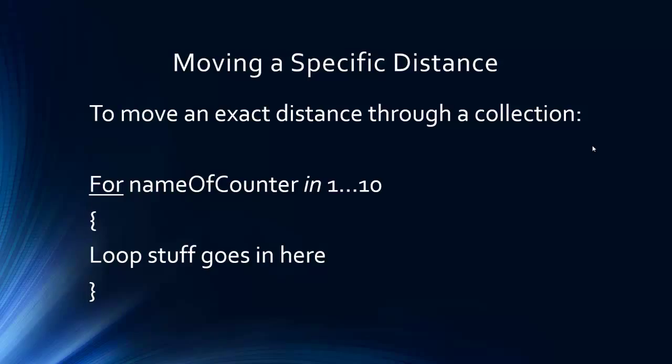So theoretically, if I wanted my loop to run 10 times, I could do for, name of my loop, in, and then 1 dot dot dot 10, and that tells it, hey, run 10 times. And then the stuff inside my loop would go off 10 times. If any of you have a background in C or any C-related language, you may be doing it another way, but this is just a new way that was introduced with Swift.